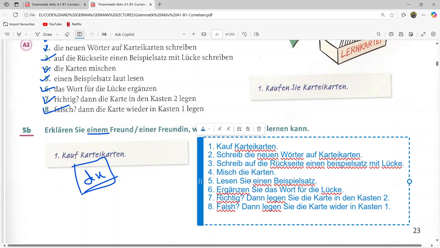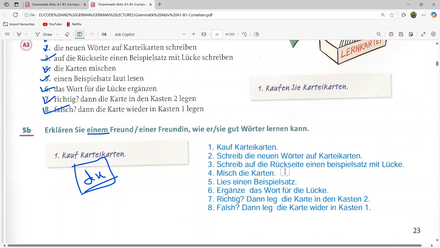Next, the verb is lies. Next one, it is ergänze, and this one is leg, and Sie will be removed.